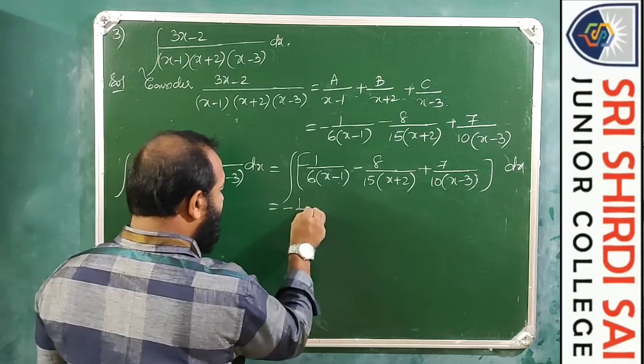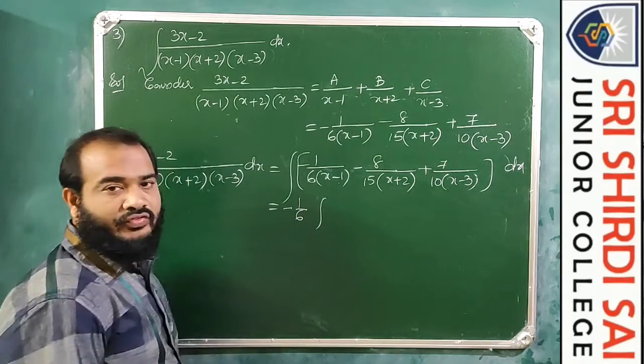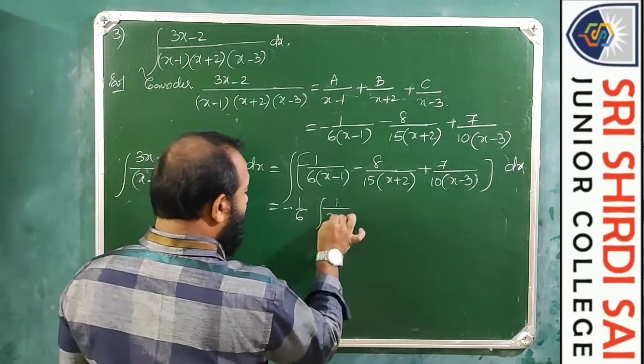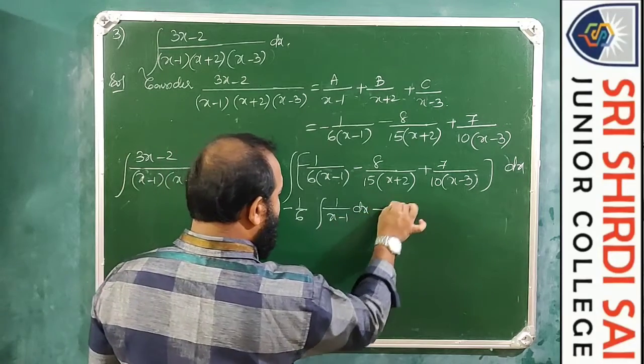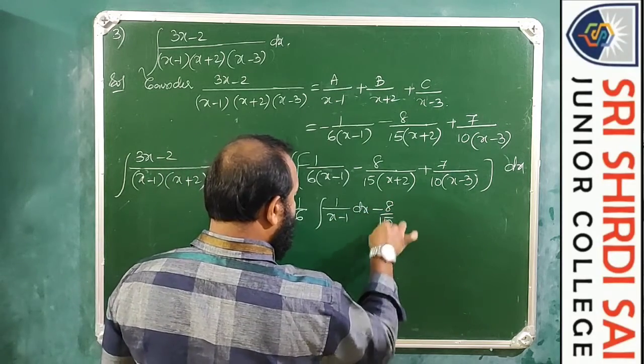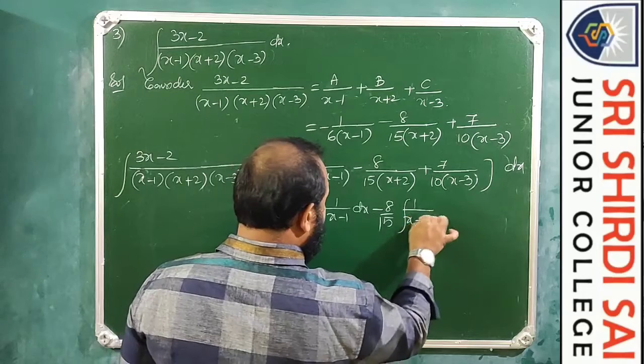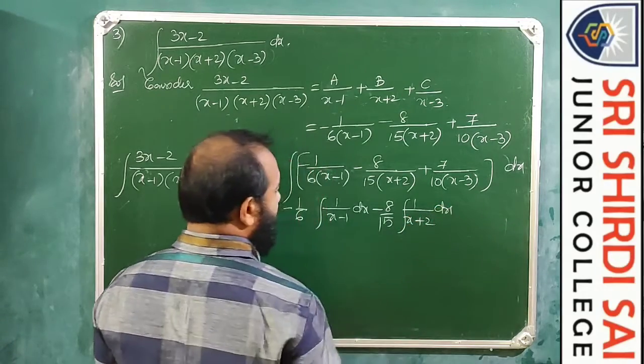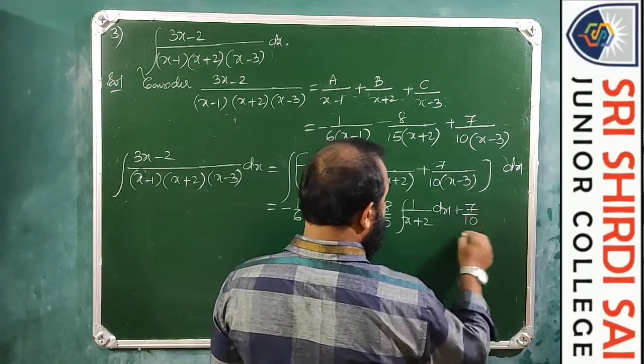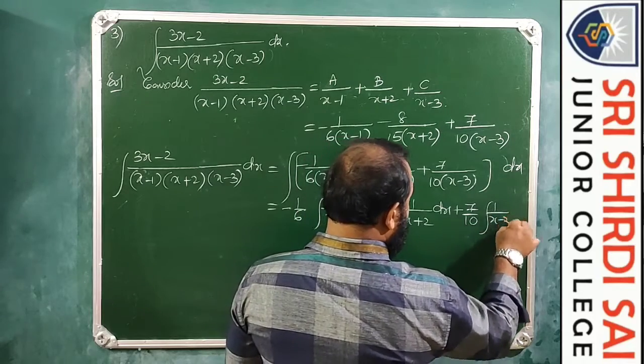Here minus 1 by 6 is a constant, separated from the process of integration: integral 1 by x minus 1 dx, minus 8 by 15 integral 1 by x plus 2 dx, plus 7 by 10 integral 1 by x minus 3 dx.